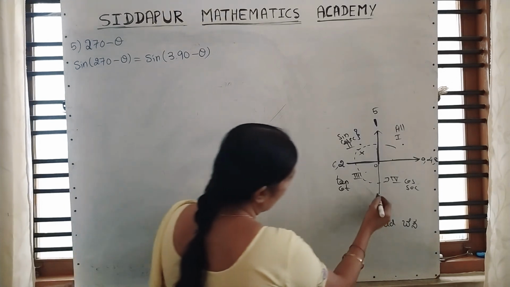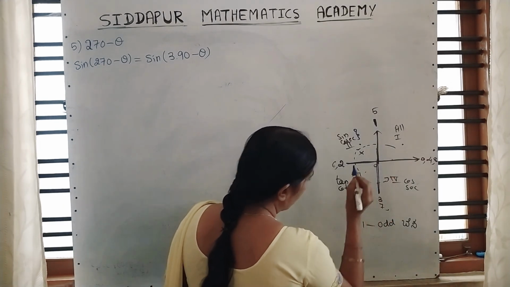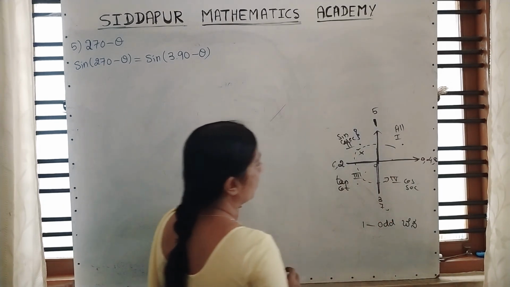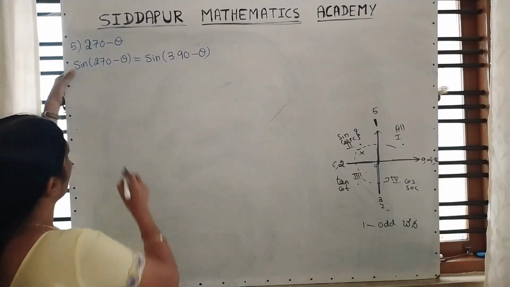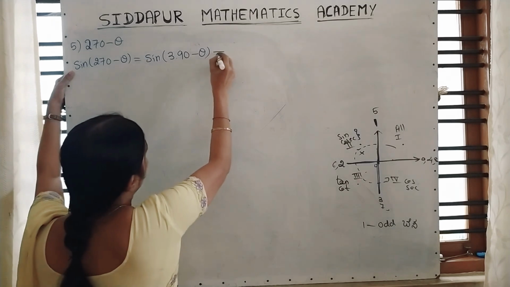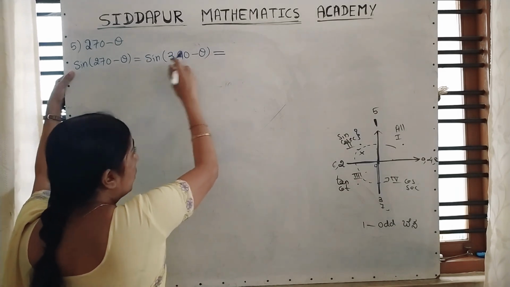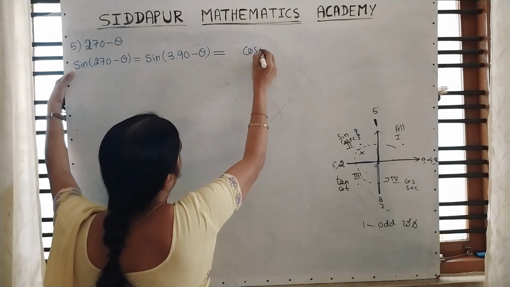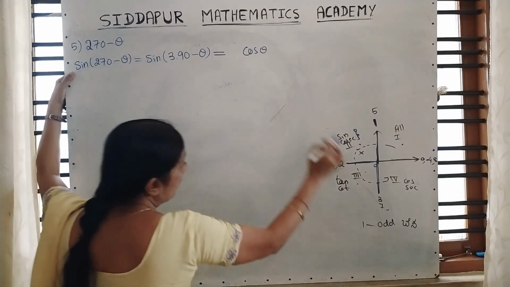See here, 3 into 90, this minus means third quadrant. Tan and cot are positive, the remaining all four are negative. And 3 is odd, so sin changes to cos. Sin is negative in the third quadrant.